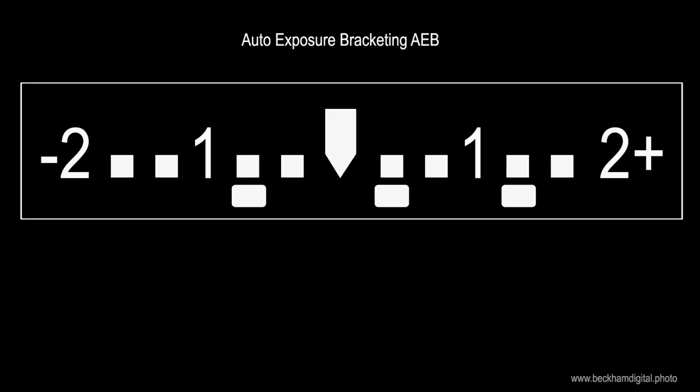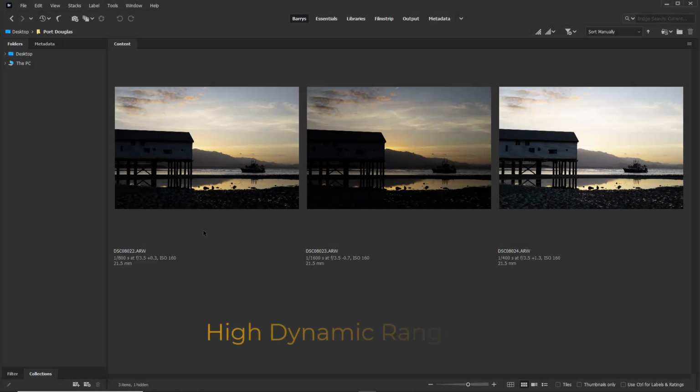So what we're doing here is leaning more on squeezing more light into the sensor rather than less. So given that we've got 3 different exposures here, why don't we combine all 3 and make a high dynamic range image?